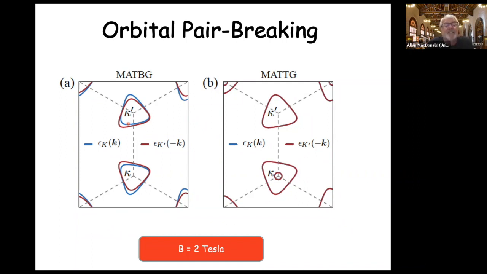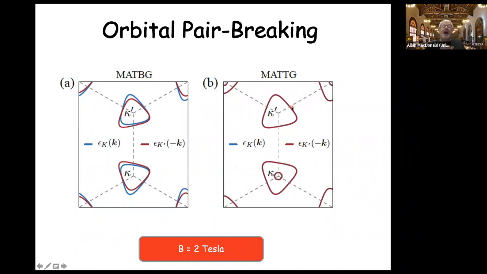And that means that it's no longer true in magic angle twisted bilayer graphene that the energy in one valley is the same as the energy in the other valley at the opposite momentum. So this comes from these momentum boosts.